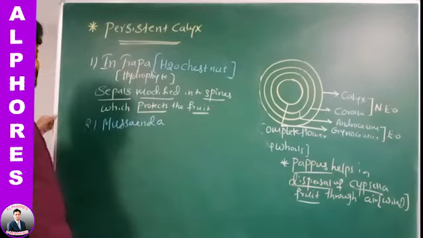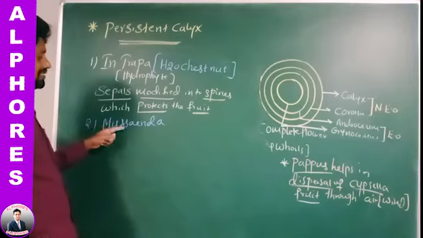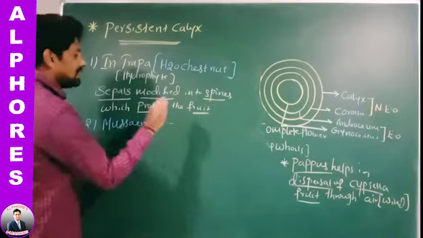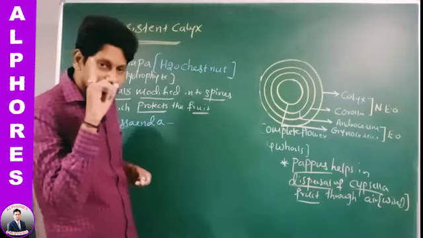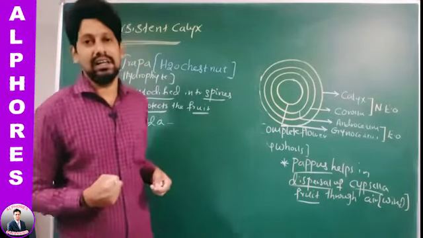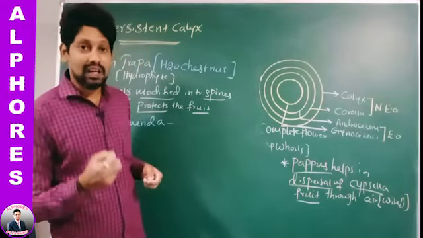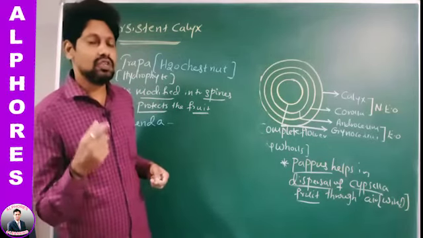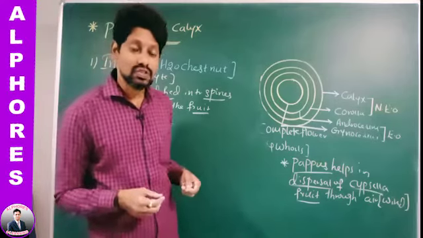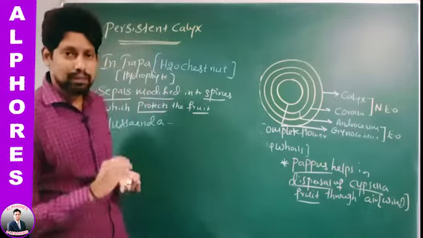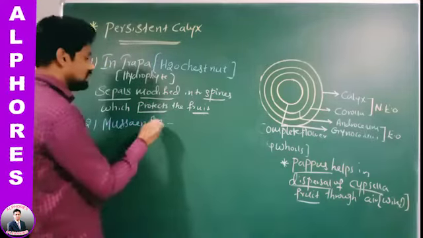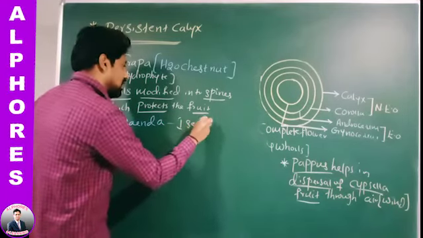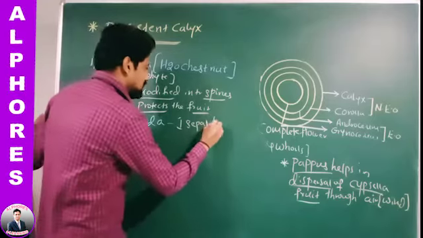What is the plant name? Mussaenda. Sir, in the case of Mussaenda, one of the sepals is modified into a colorful, attractive structure which looks like a petal. How many sepals? One sepal. Therefore, in Mussaenda, what happens?